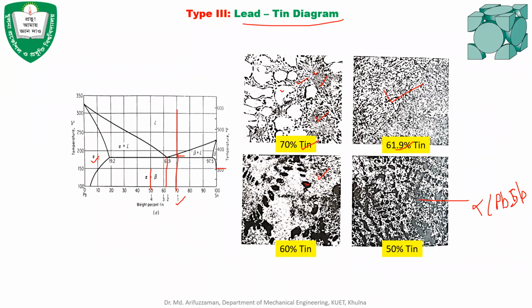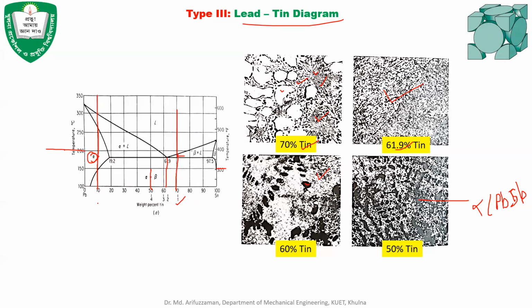A good example could be 10% tin. In the case of 10% tin at a temperature of 200 degrees, this is 100% alpha, right? Yes, sir. But if you cool it very quickly from this temperature to room temperature, then you can have 100% alpha at room temperature.